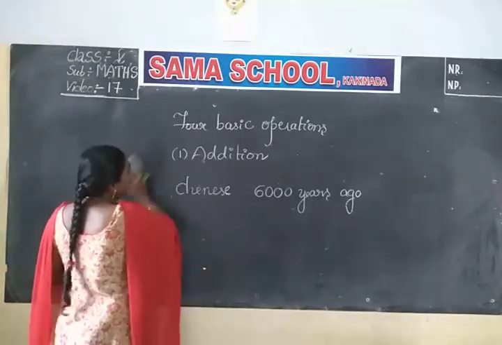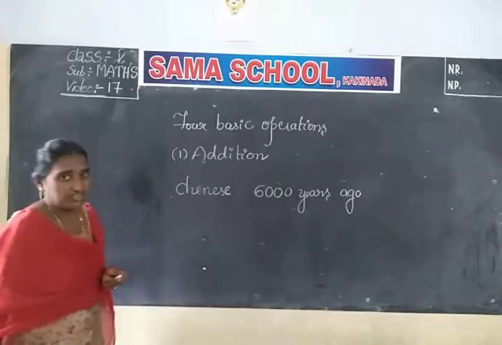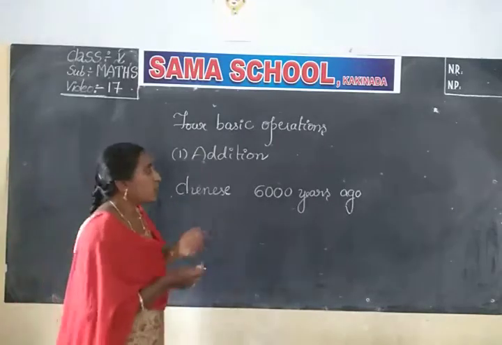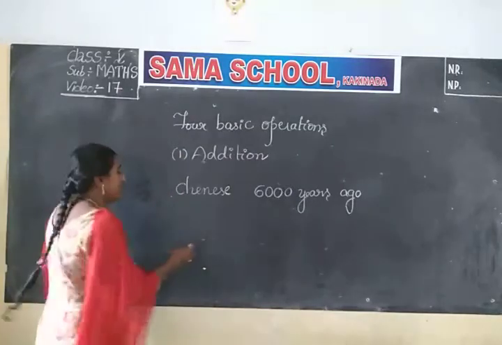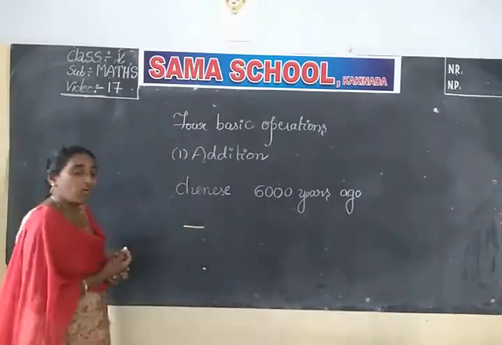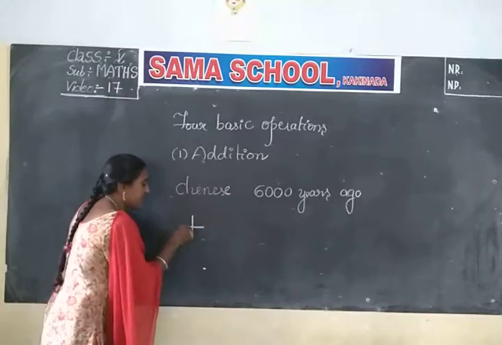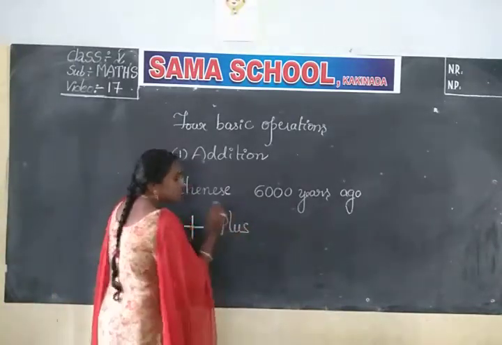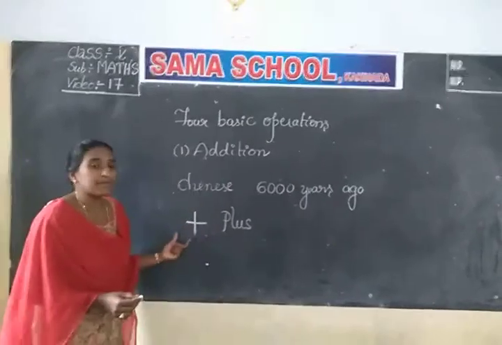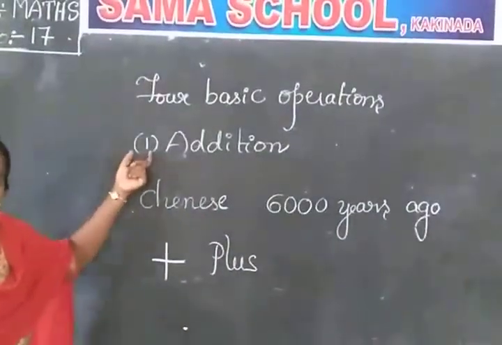And what is the symbol of addition? Yes, we take a sleeping line, and on that a standing line. This symbol is known as plus. This is the plus symbol we use for addition.